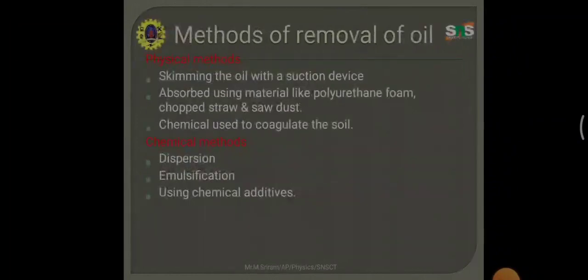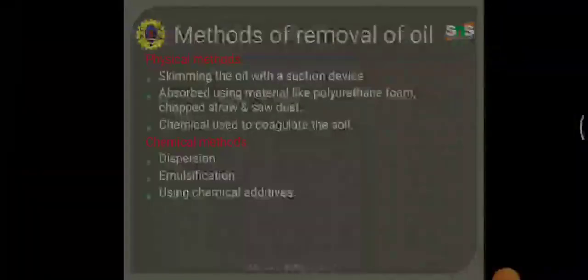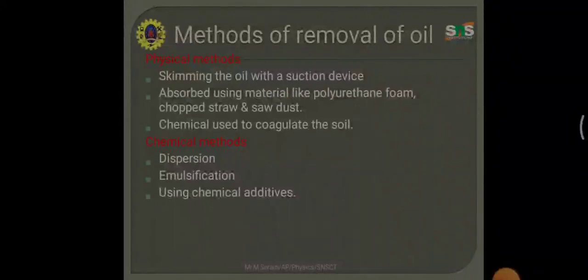So, methods of removal of oil. Several methods have been devised to deal with oil floating on the sea: physical methods and chemical methods. Physical method: skimming the oil off the surface with a suitable device appears to be the simplest method.